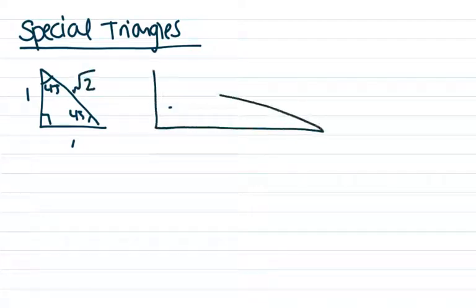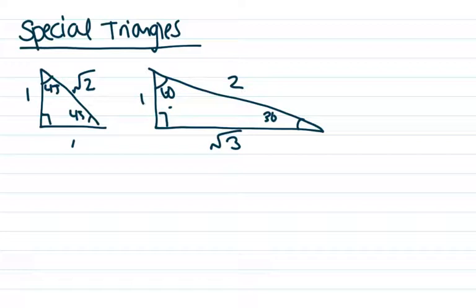Then we have the 30, 60, 90 triangle. And those side lengths are 1, the hypotenuse is 2, and the third length is root 3. So remember that you need to have these memorized and that you should know how to use them to find exact values for the primary trig ratios.